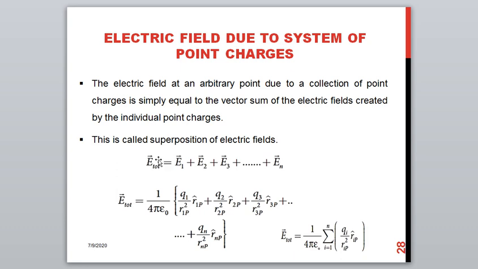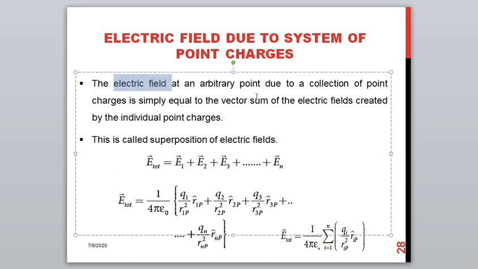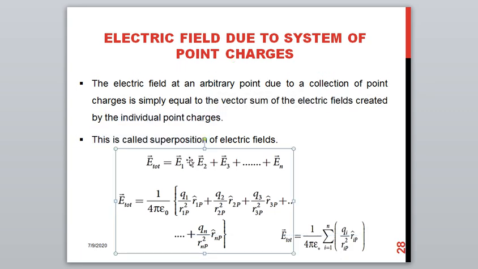The definition is that the total electric field due to a collection of point charges is, as it is a vector quantity, the vector sum of the electric fields due to the individual point charges. If you add them up, you will get the total electric field.